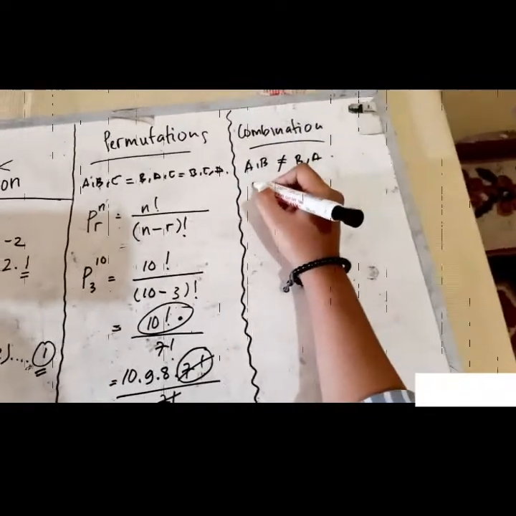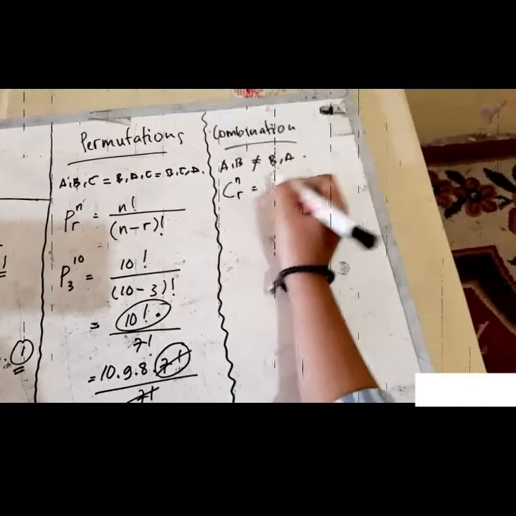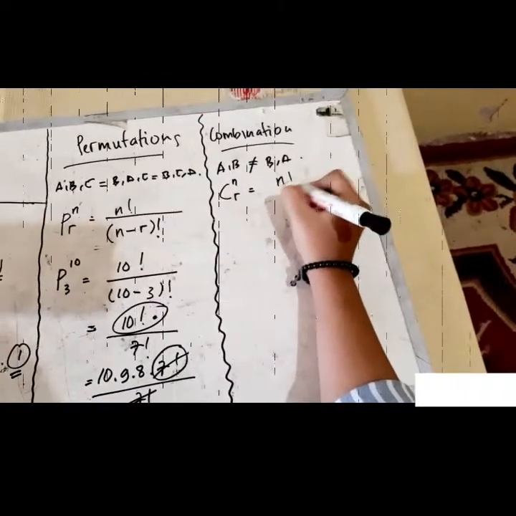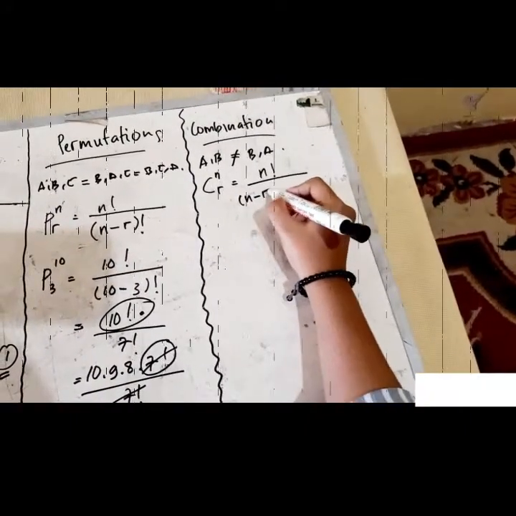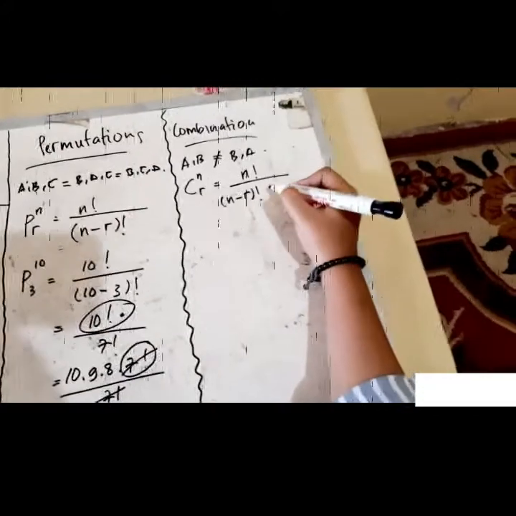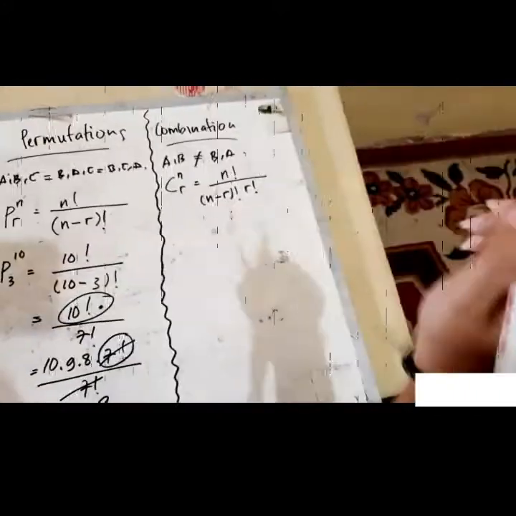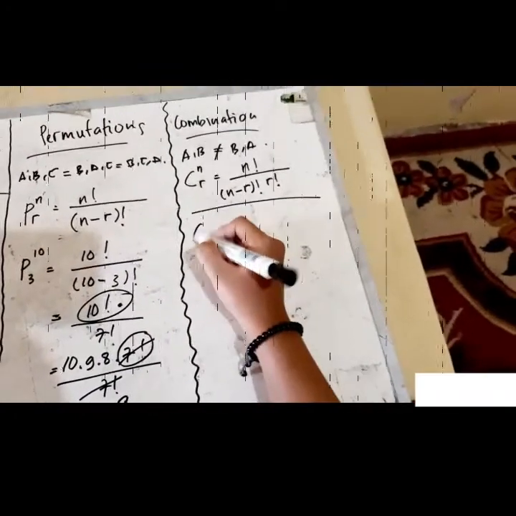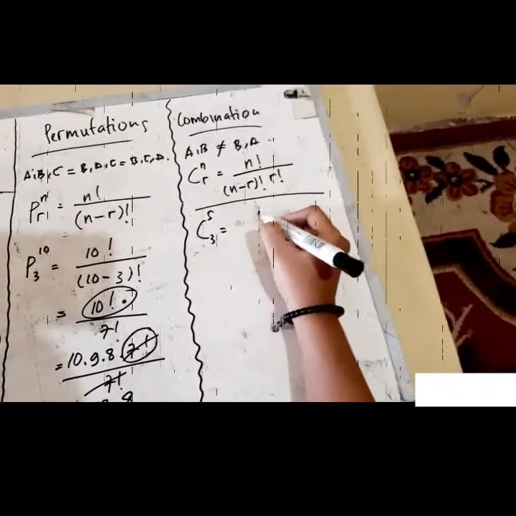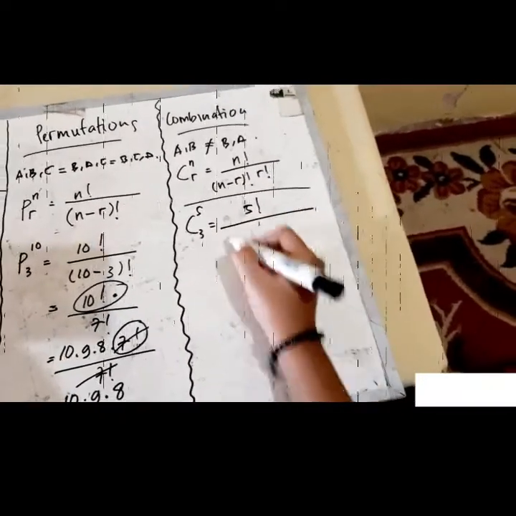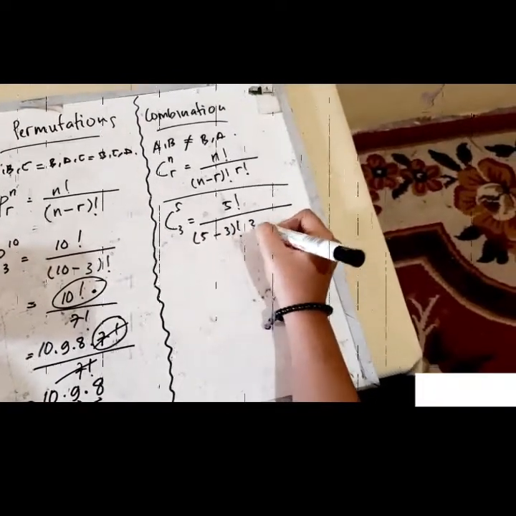The formula is combination of n elements taken r at a time equals n factorial per (n minus r) factorial times r factorial.